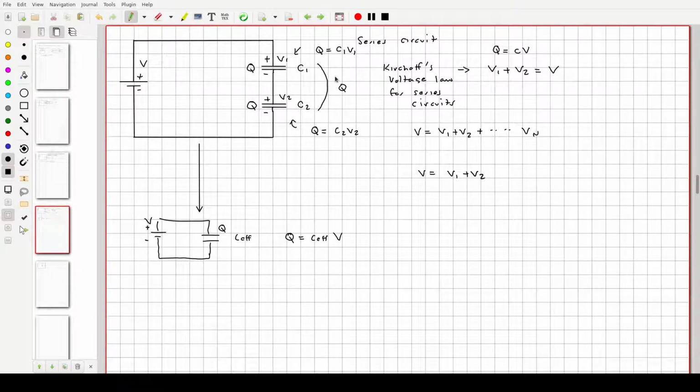But we have relationships between Q, C, and V. Specifically, V1 is equal to Q over C1, and V2 is equal to Q over C2. And we also know from the reduced circuit we're trying to get to that V is going to equal Q over C effective.